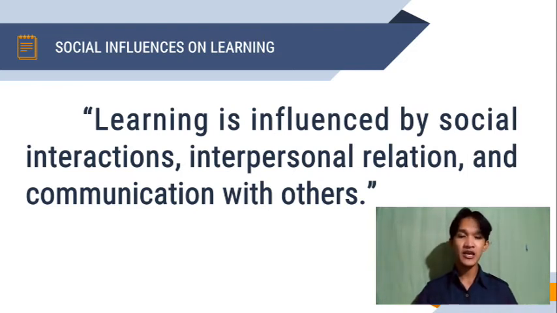Meaning to say, the way learners learn can improve by using face-to-face encounters, when there is two-way communication and affiliation between the learner and the educator, because using this method, it is easy to interact, exchange insights and knowledge, and of course, it is easy to learn if there are social interactions and communication between the educator and the learner.